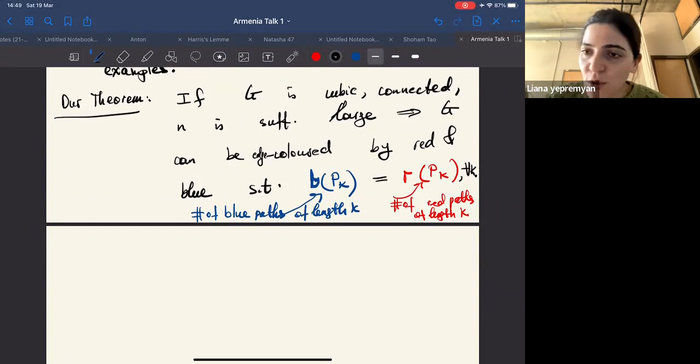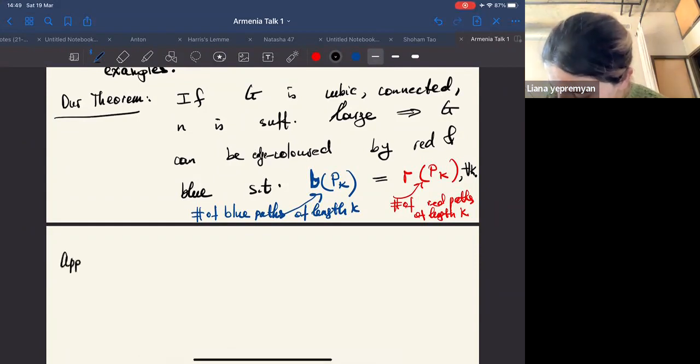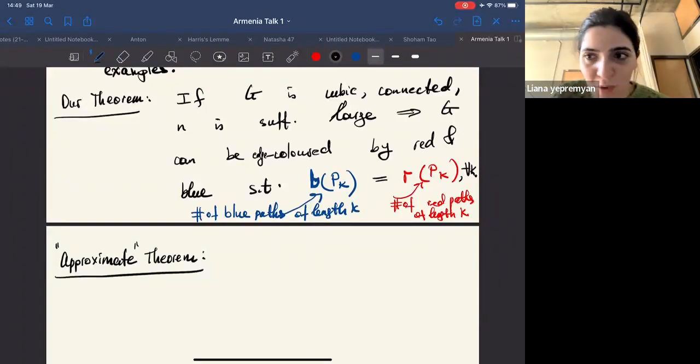And then I will also ask that the longest monochromatic path is short. So let me write the theorem. Approximate theorem, meaning that it sort of does what we want, but it's not yet enough.